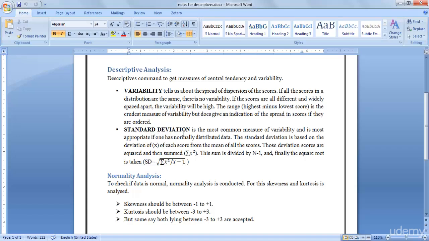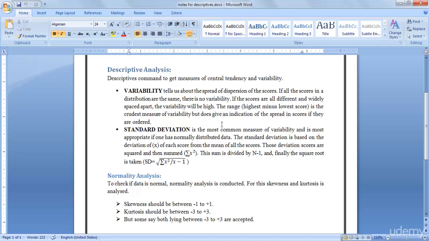Next is standard deviation. Standard deviation is the most common measure of variability. So for measuring variability, we measure standard deviation. Standard deviation is our differentiation from the mean, as you must already know, because this is a basic concept of statistics.